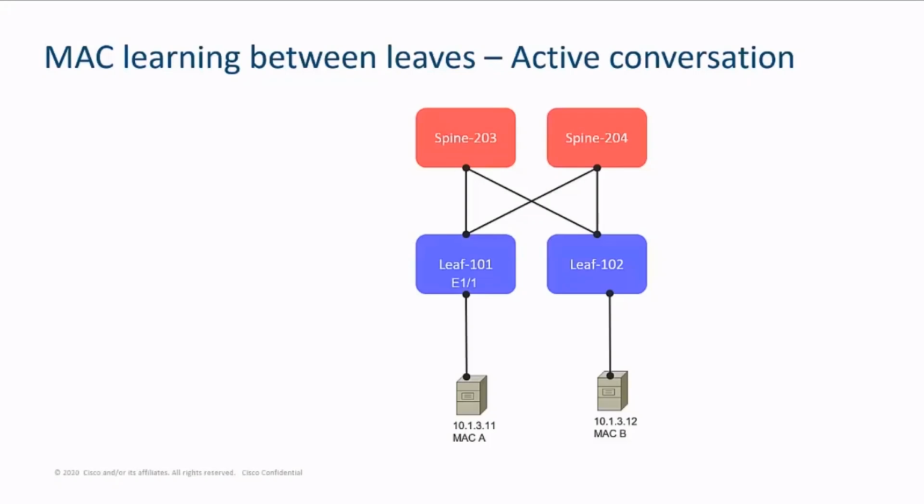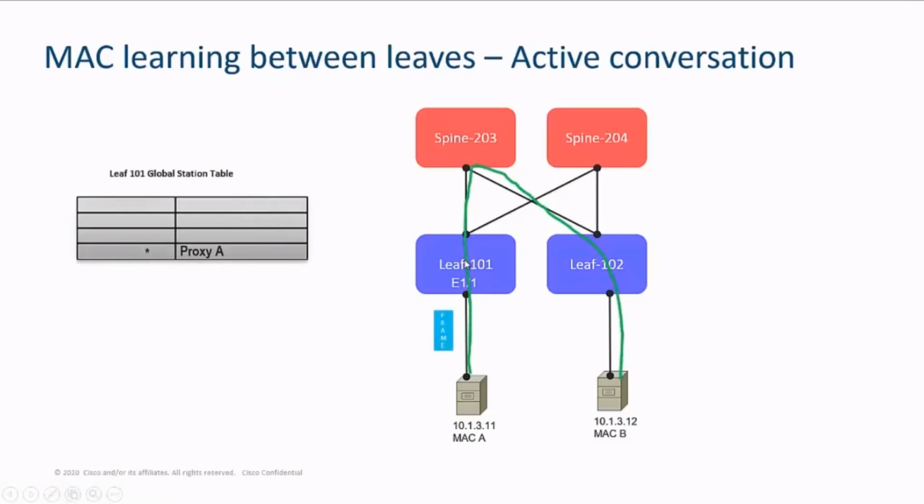So for Leaf 101 to learn about that remote endpoint, notice these two devices are having an active conversation. Because of that, Leaf 101 has the ability to learn about that remote endpoint's IP address and MAC address. And from its perspective, in its table, it's going to say, hey, that IP address 10.1.3.12 and that MAC are behind Leaf 102.